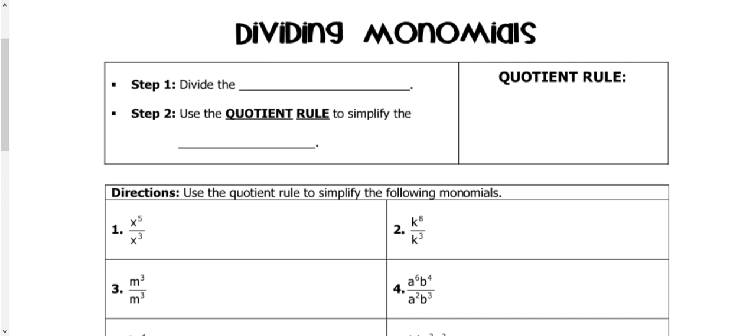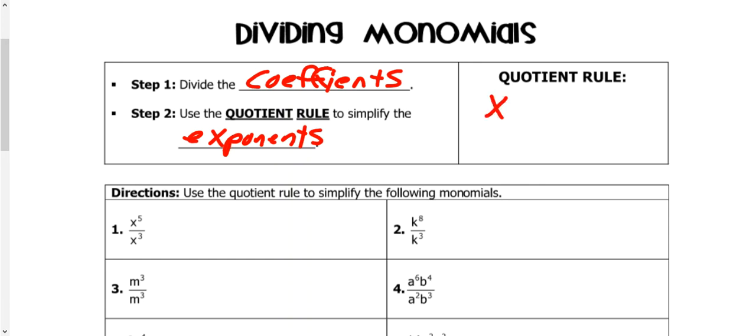Step 1, we're going to divide the coefficients as normal. And step 2, using the quotient rule to simplify the exponents. And what is that quotient rule?